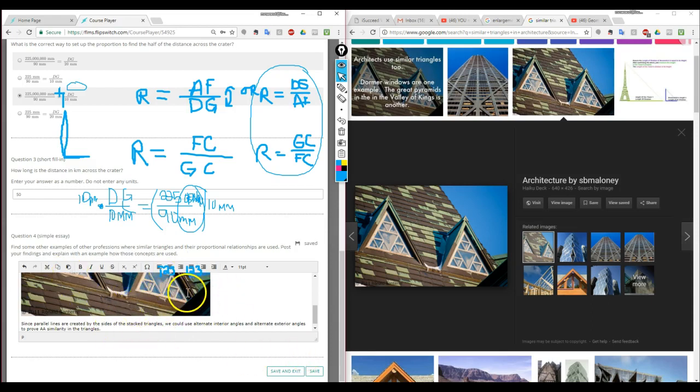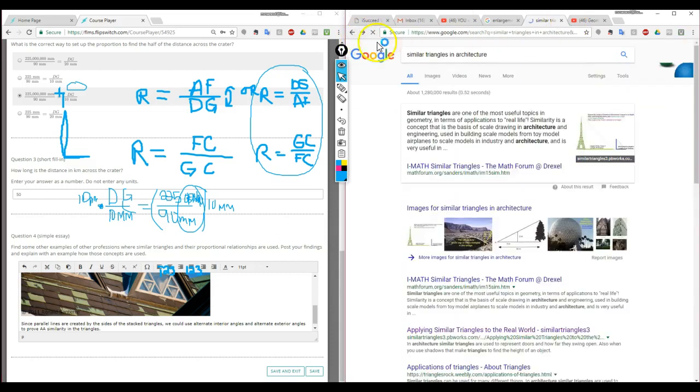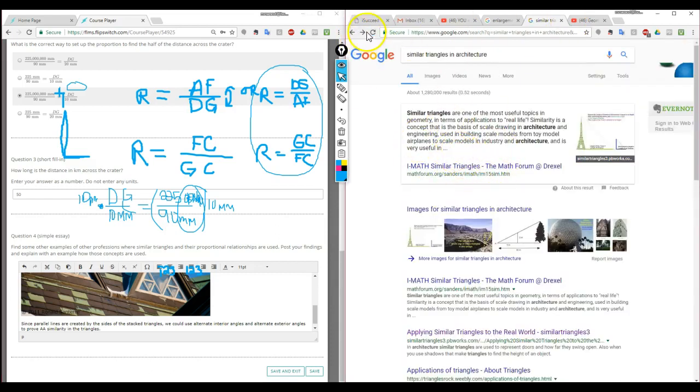I want a different picture besides this one, and a different job than architecture for this example. And I want different pictures than in the last project.